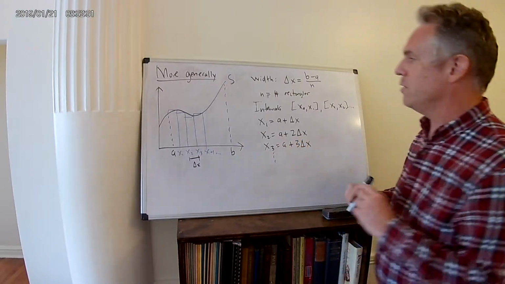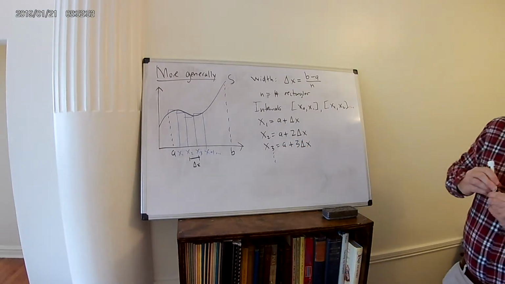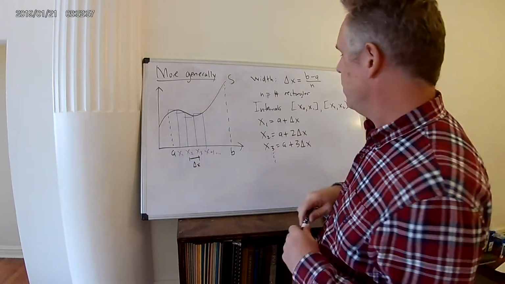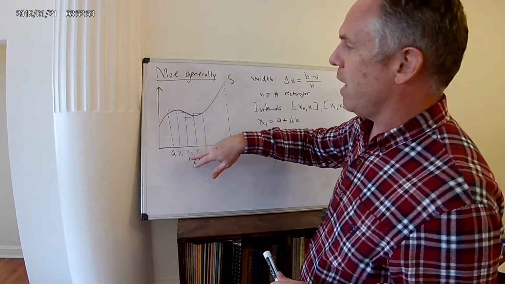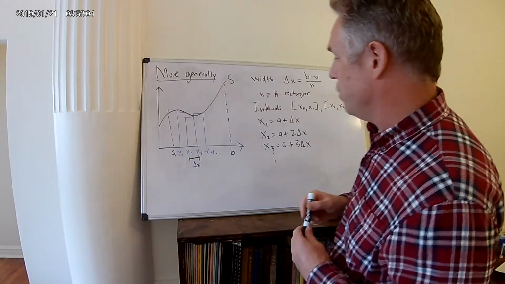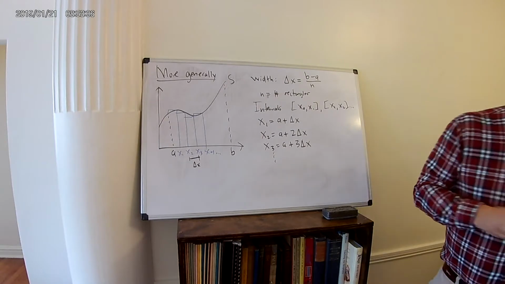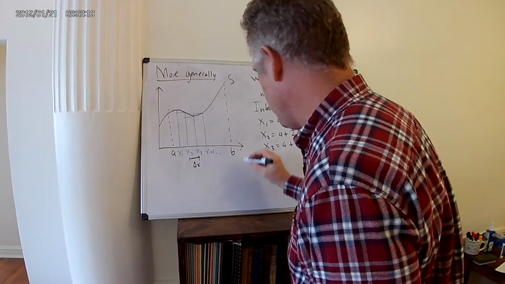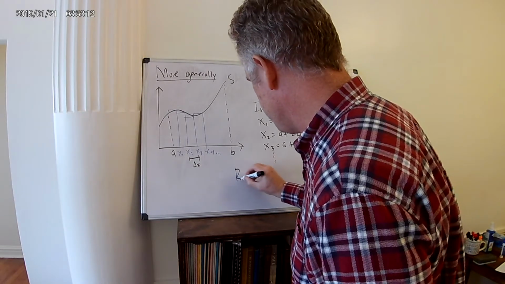We can go down the line to get each value at which we're evaluating. So what are these x1s and x2s? They're basically the values of x which determine the height of our rectangles, for which we're going to evaluate our function. Okay. And then finally, the area of this, I'm going to use r sub n here.